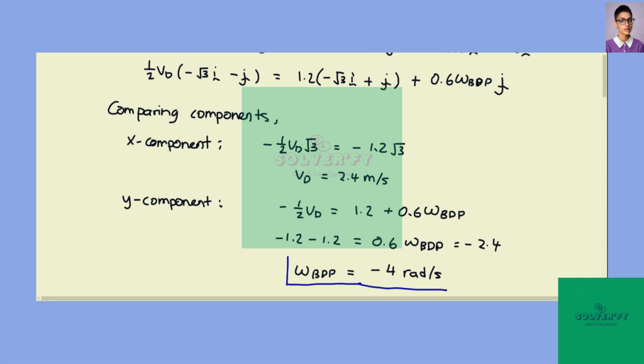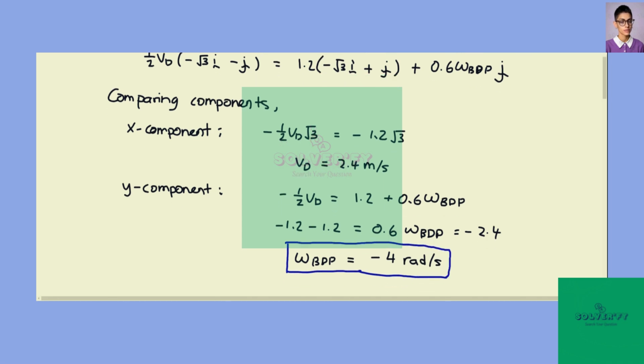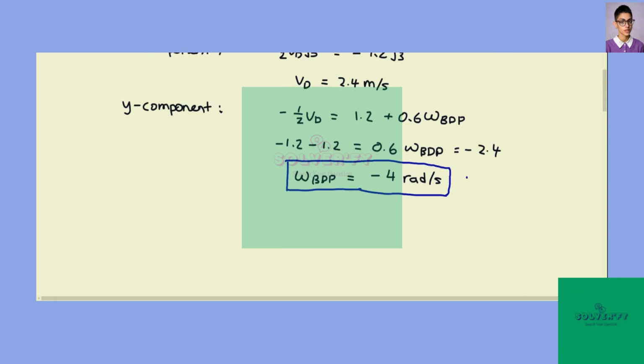This is the angular velocity of BDP. It is in the clockwise rotation because I assumed it was counterclockwise in the beginning. Now we can find VP.